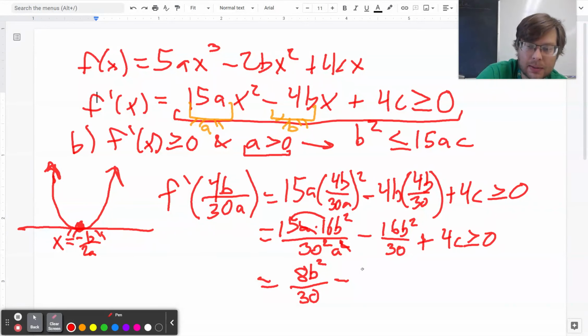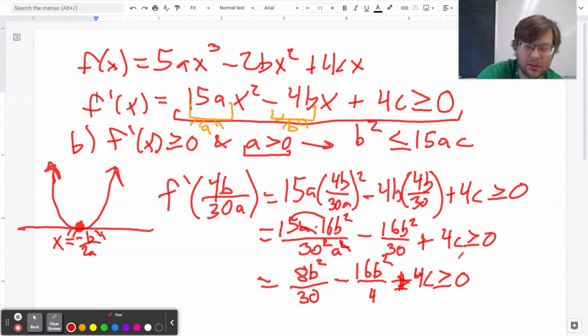So I have 8b squared over 30 minus 16b squared over 30, plus 4c greater than or equal to 0.